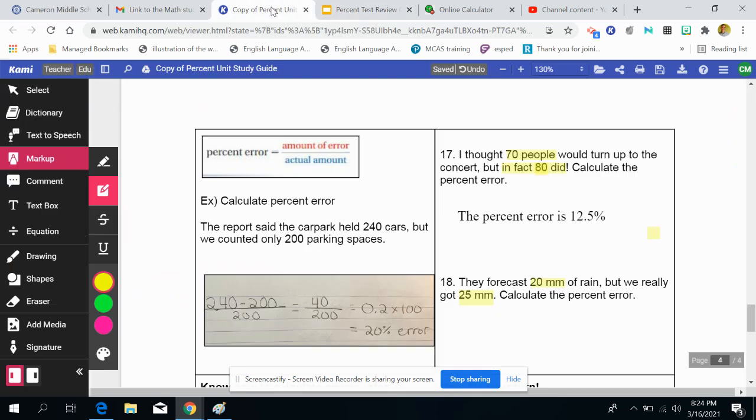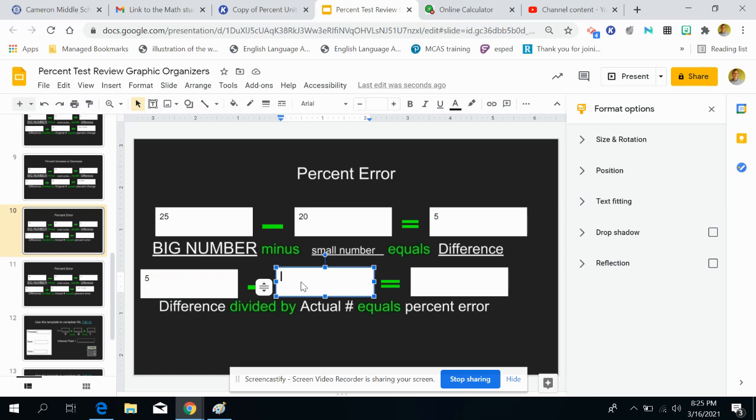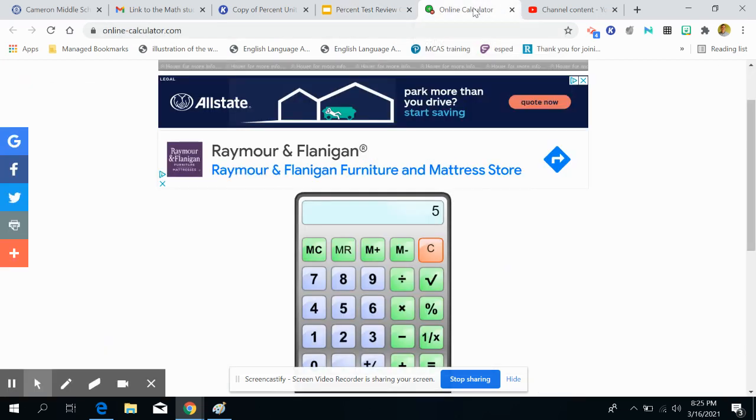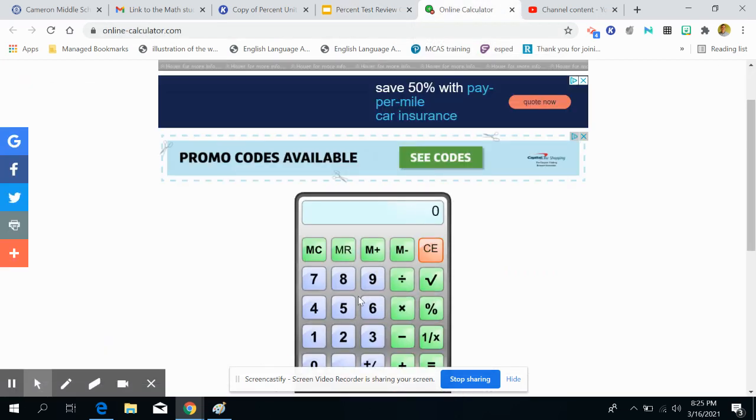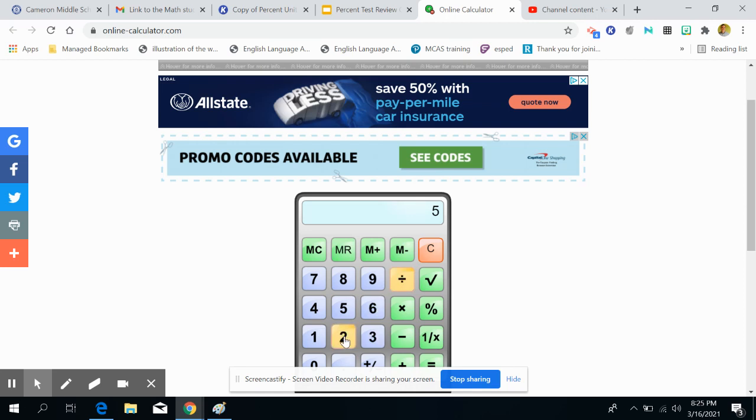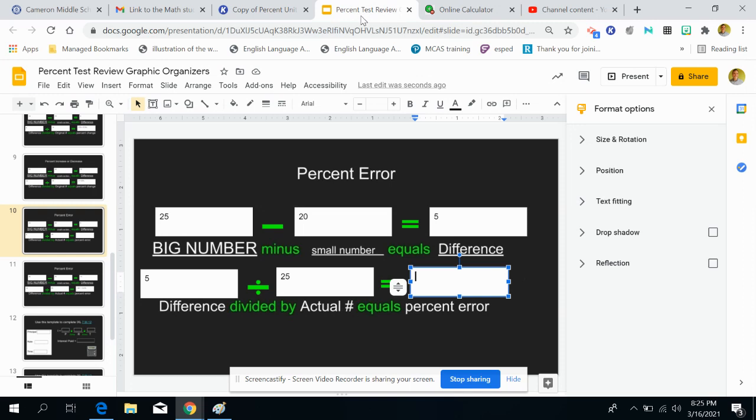Well, let's go ahead and double check the question. So we predicted 20 millimeters, but we really got 25. That means we actually got 25. So the actual number is 25. 5 divided by 25 is going to equal our percent error. So let's use the calculator again. 5 divided by 25 equals 0.2.